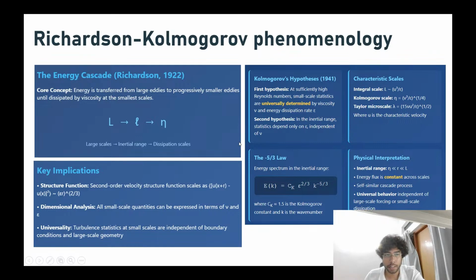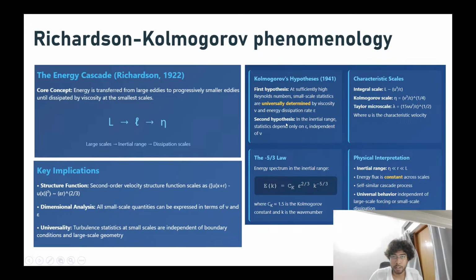Before that, let me just state what we are going to do. Kolmogorov proposed his minus 5/3 law, which states that the energy spectrum depends on the energy dissipation rate epsilon and the wave number k, as the power of minus 5/3.